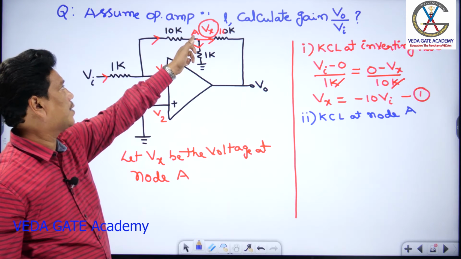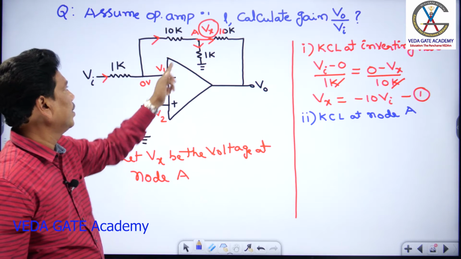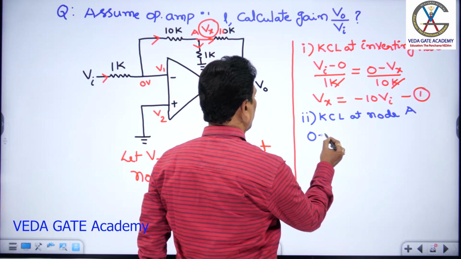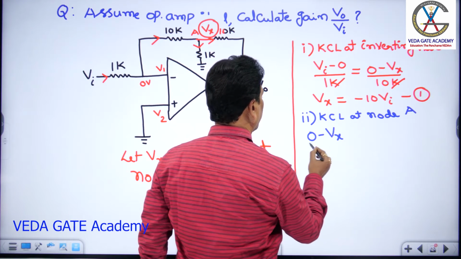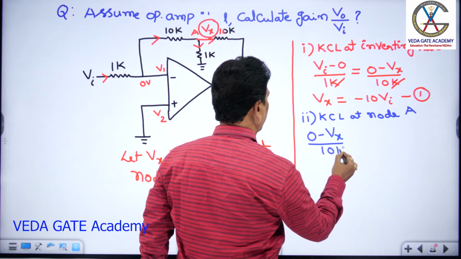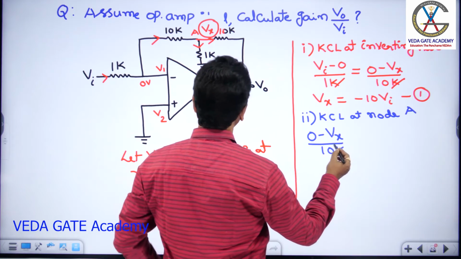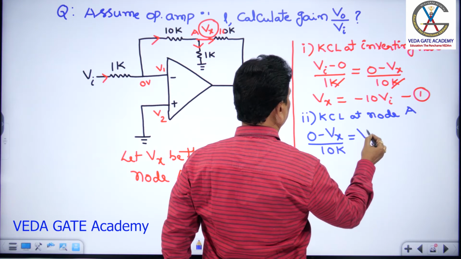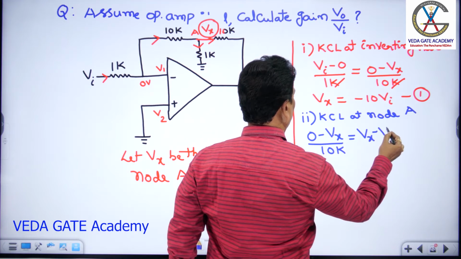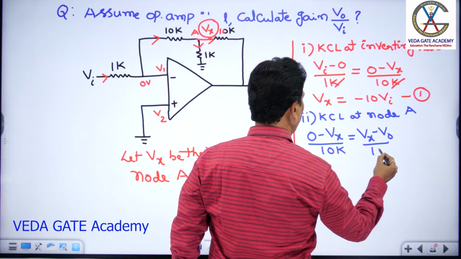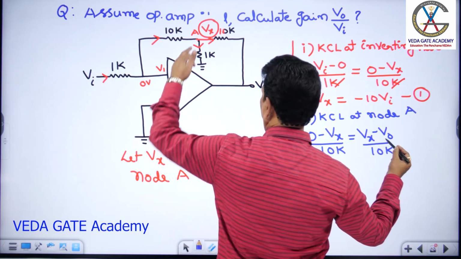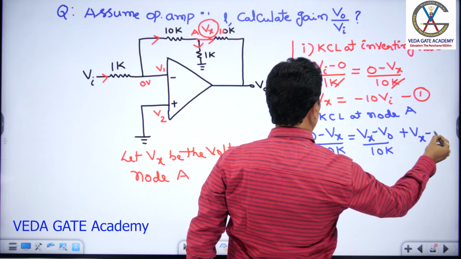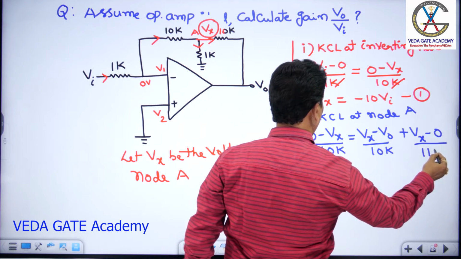If I apply KCL at this node A, we get (0 minus Vx) by 10k equals (Vx minus V naught) by 10k plus (Vx minus 0) by 1k.